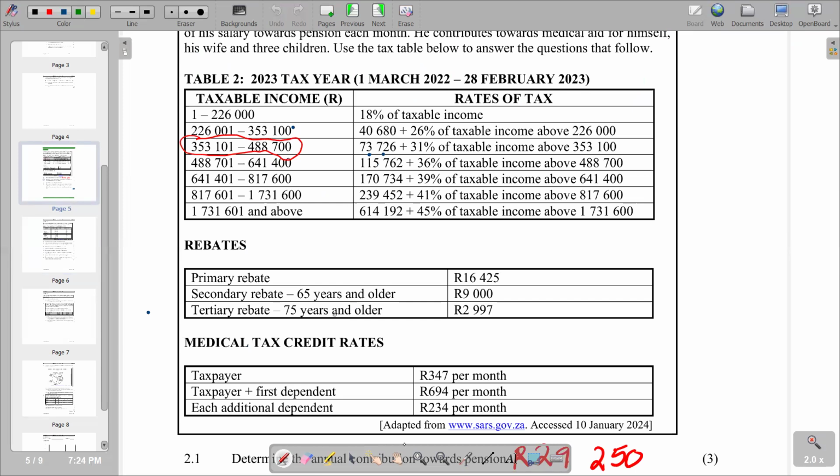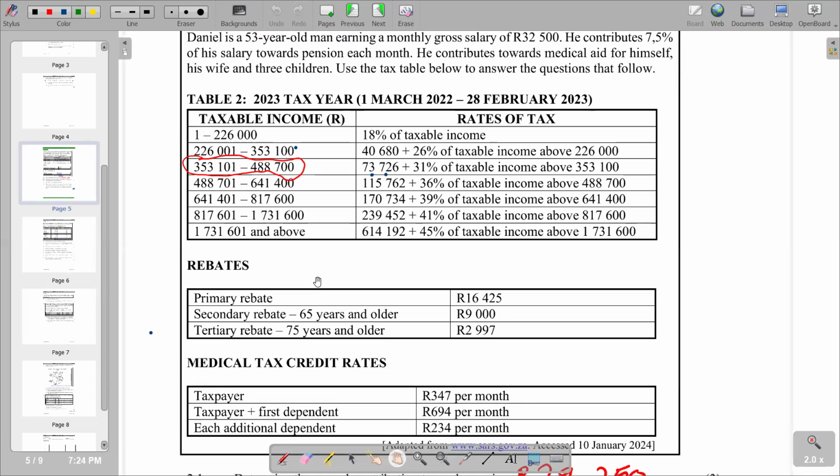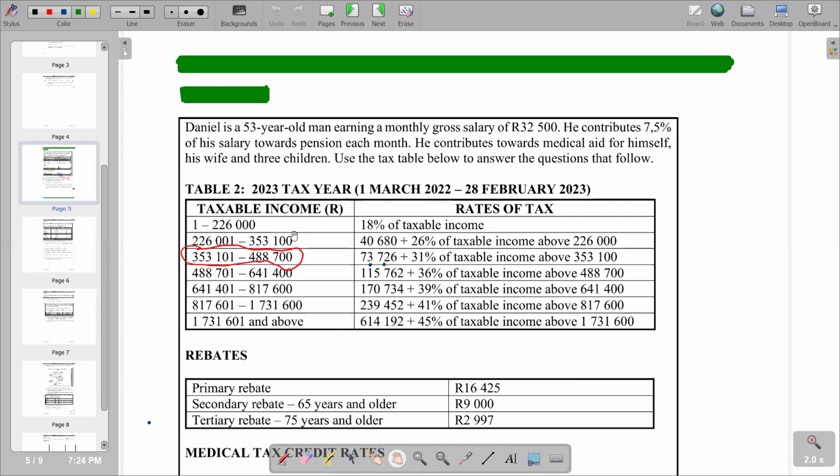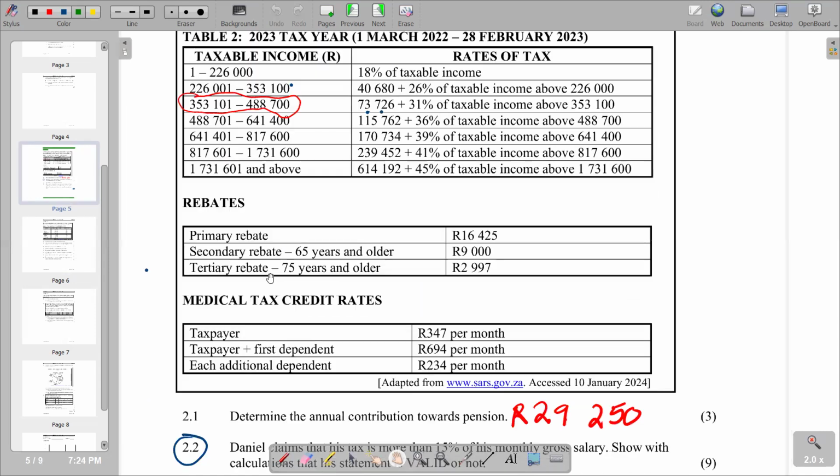So we try to see which one applies to our question. Being given that Daniel is 53 years old, this is less than 65, so it applies under primary rebate. So we're going to subtract 16,425 rands.